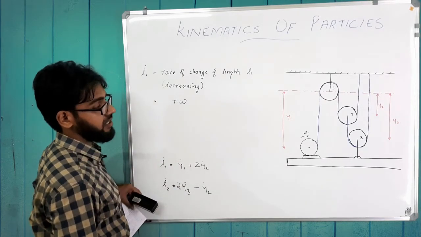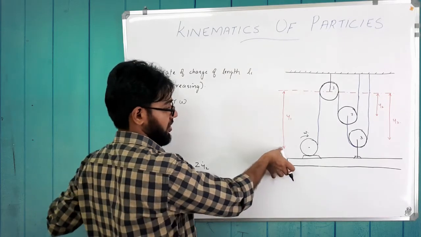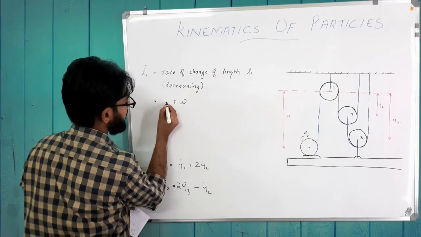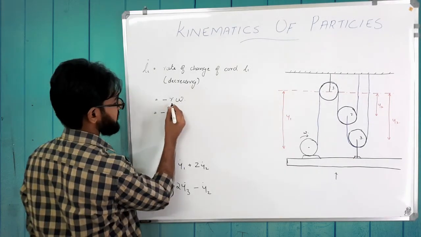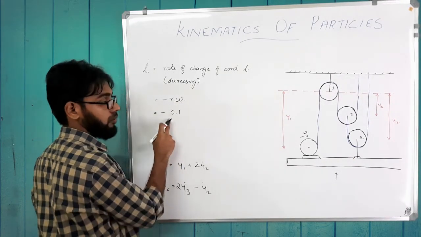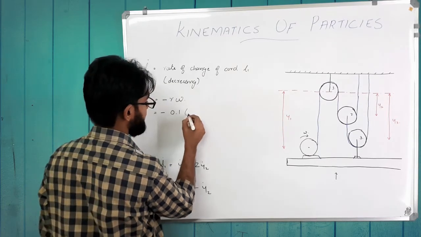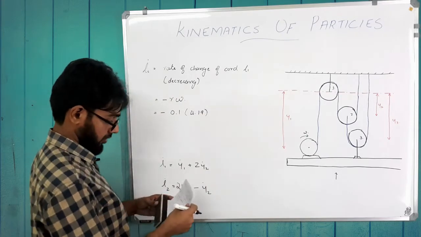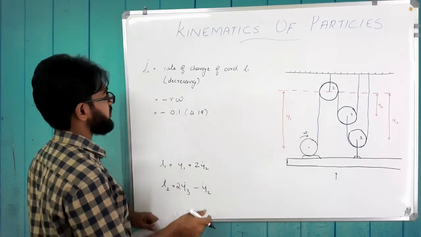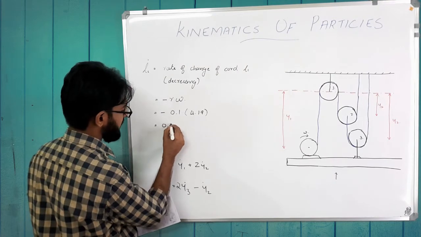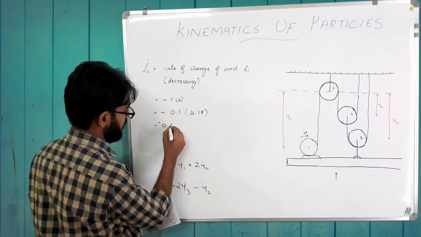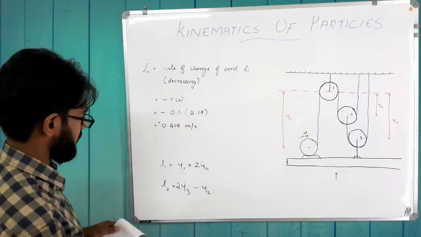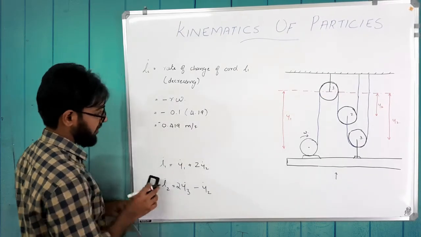Since this corresponding value is decreasing, I would put a negative sign here. Minus r, it is 100 mm or 0.1 meters, and omega is 4.19 radians per second. So this will be equal to minus 0.419 meter per second.